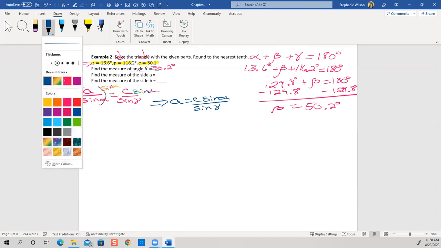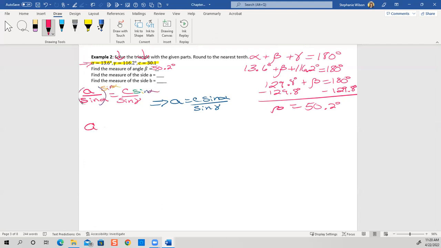Okay, so let's plug in what we know. We got A is equal to 30.1 sine of alpha, which is 13.6 degrees, all divided by sine 116.2 degrees. And then we're just going to plug that into our calculator. And when I plug it into my calculator, rounding to the nearest tenths, I get 7.9 for that side.